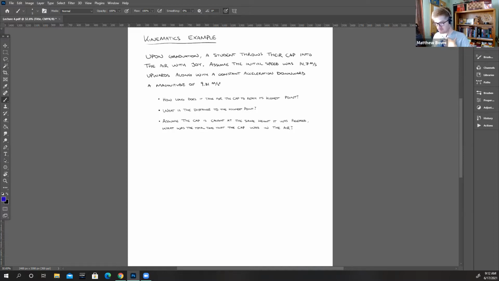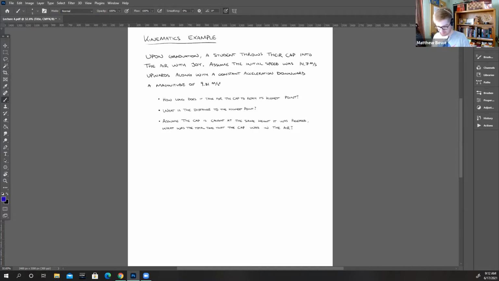What is the distance to the highest point? And if you throw the cap in the air and catch it at the same height, what is the time it takes for this complete path that the cap travels?